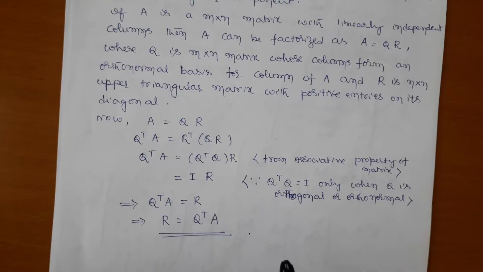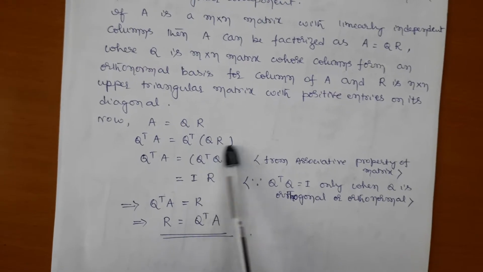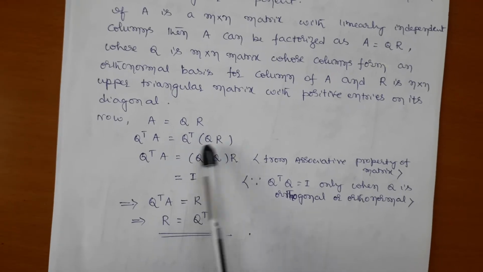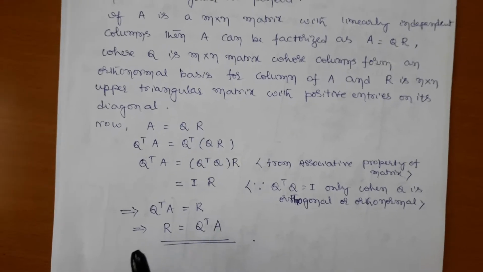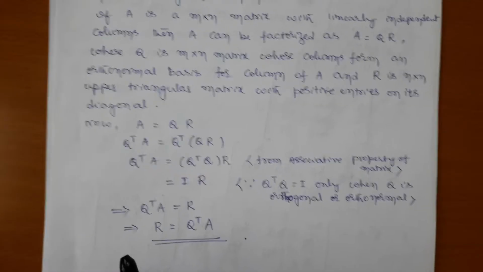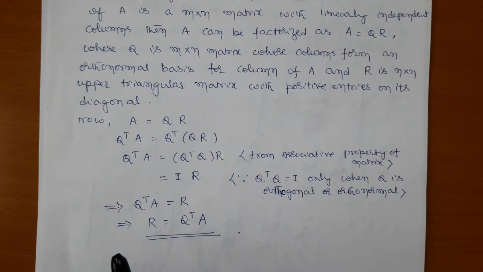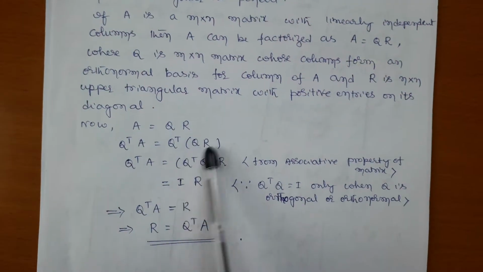From the associative property of matrix multiplication, it does not matter whether I group these two or those two, because A into BC is nothing but AB into C. Therefore, I'll group these two.